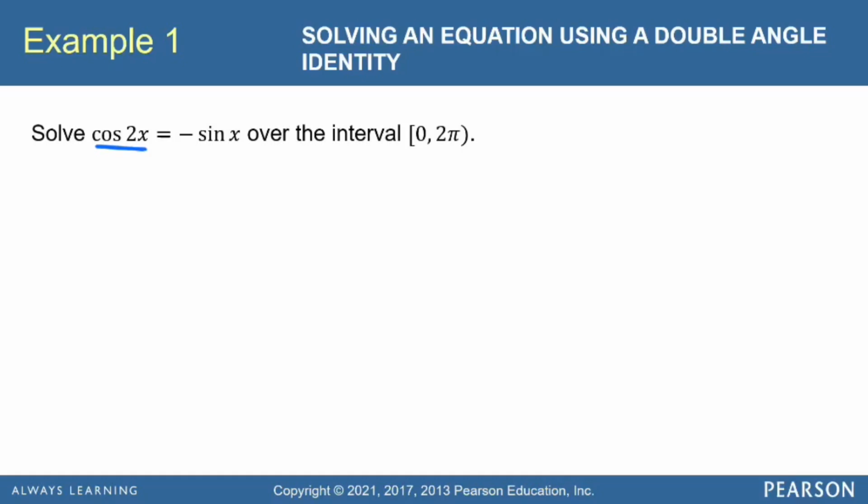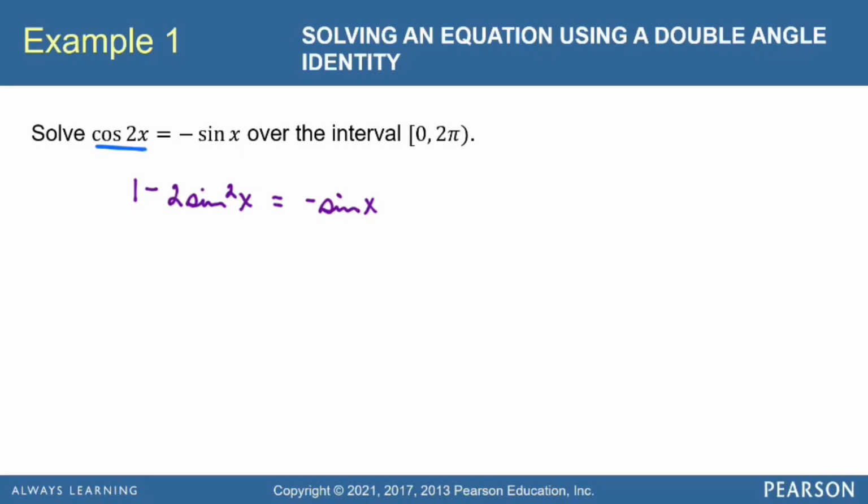But you do have one choice that will allow you to eliminate cosine of 2x and use only the sine function to do it. And that would be your identity that says cosine 2x equals 1 minus 2 sine squared x. So if we replace the left side of this equation with 1 minus 2 sine squared x, then the rest of the equation will still be equals negative sine x.